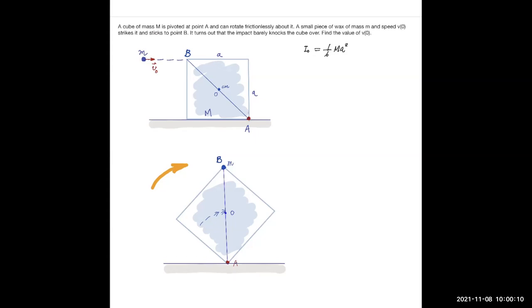Step one is the impact. In this step, the wax carries some energy, some momentum, some angular momentum. Initially it hits point B, and they get stuck together. Now, which conservation law can we apply for the collision? Let's take a look at conservation of mechanical energy, the first conservation law we learned. Is mechanical energy conserved for this collision?